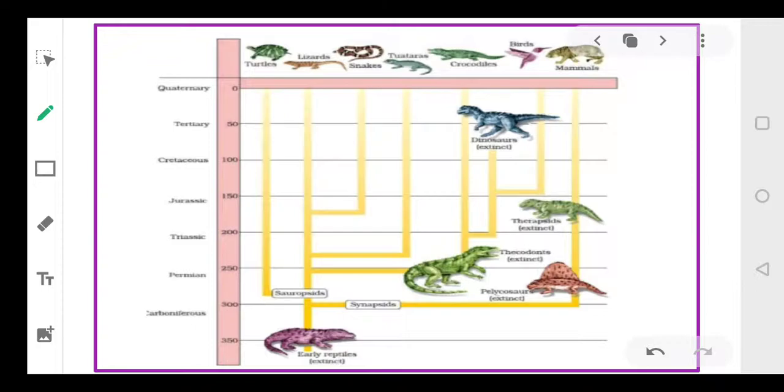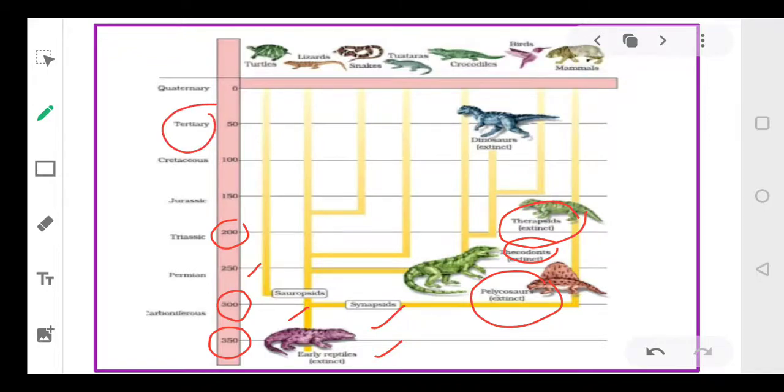So this is how we can study it from this kind of picture also. Initially at 350 million years ago, we have early reptiles, and then they became extinct. Then at 300 million years ago, sauropsids and synapsids were formed. Then in the Permian period at 250 million years ago, thecodonts and pelycosaurs were there. Then in the Triassic period, that is 200 million years ago, therapsids were there, and then they became extinct.